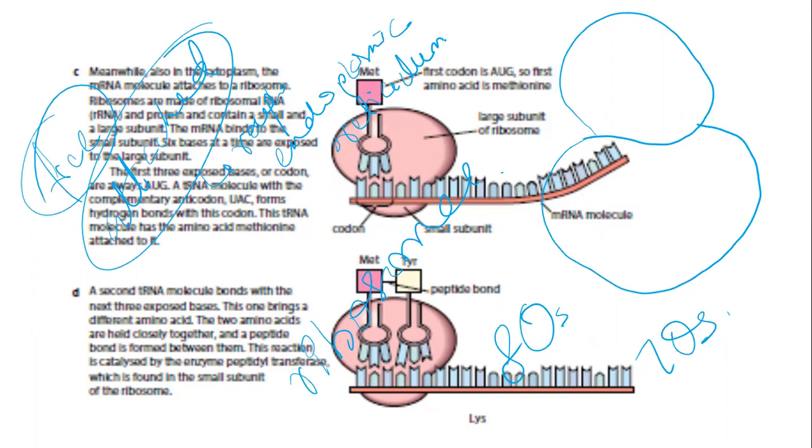The messenger RNA can go to the rough endoplasmic reticulum or to the free ribosomes, but it will go to the ribosomes, and then the process of translation is going to start.